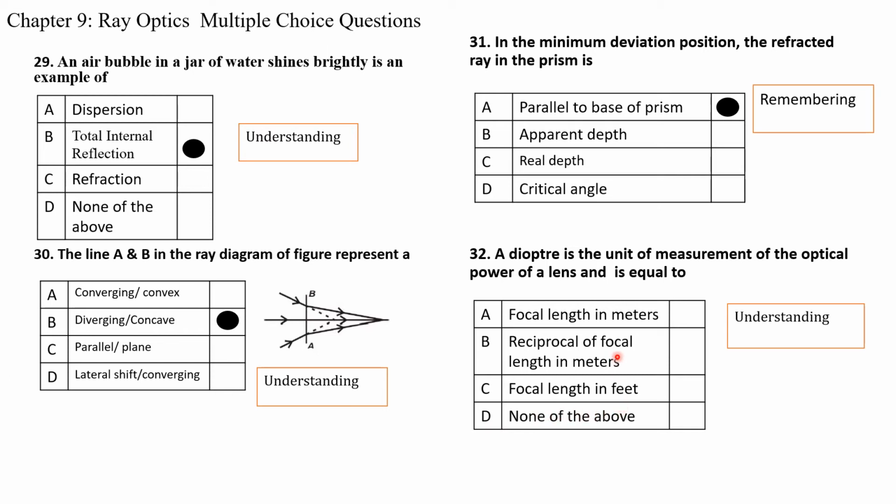We know that a diopter is the reciprocal of the focal length, so it is 1 by f, with f in meters. So option B is the correct answer. You have to remember the definition of a diopter. A diopter is a reciprocal of focal length in meters. So please lock option B.